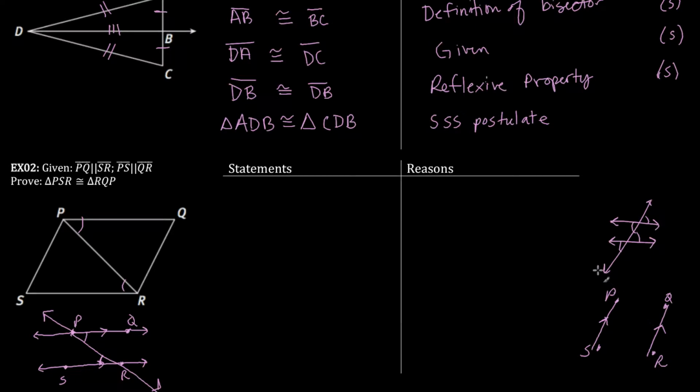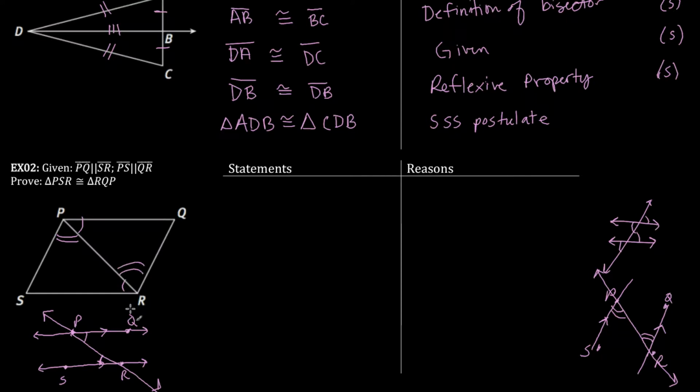Oh, here I go again. Okay, oh, success. So I want to extend these a little bit. So we know that this angle right here is congruent to this angle right here, because they are also alternating interior.